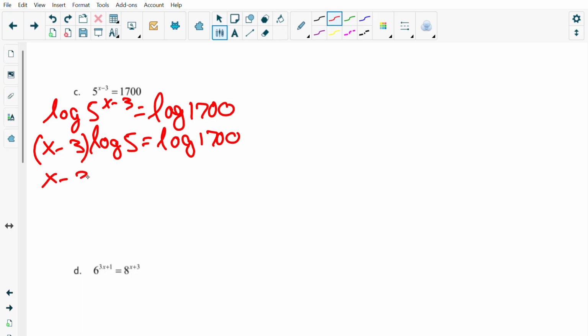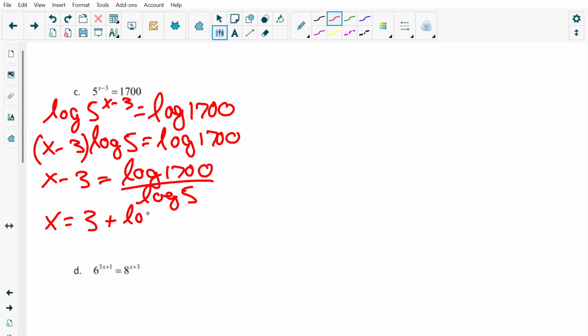Make sure you use brackets here so we know what applies to what. x minus 3 equals log of 1,700 divided by log of 5. And I'm going to add 3 to both sides, so that's 3 plus log of 1,700 over log of 5. You can calculate the decimal here.